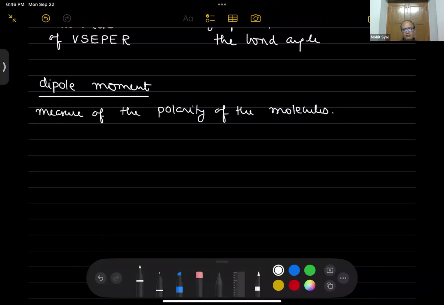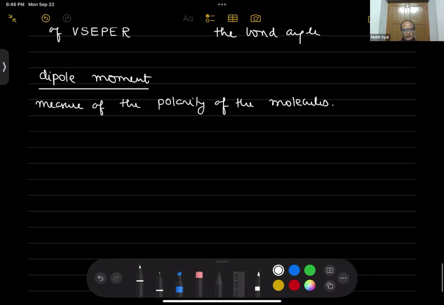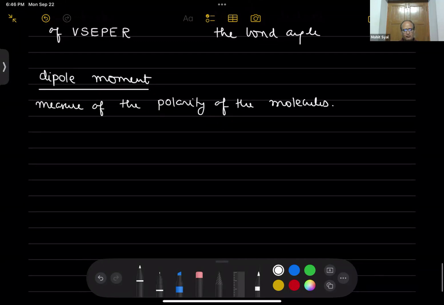How polar? What do you mean by polar? Something which is having opposite charges. Got it? Okay. So that is called polar moment.